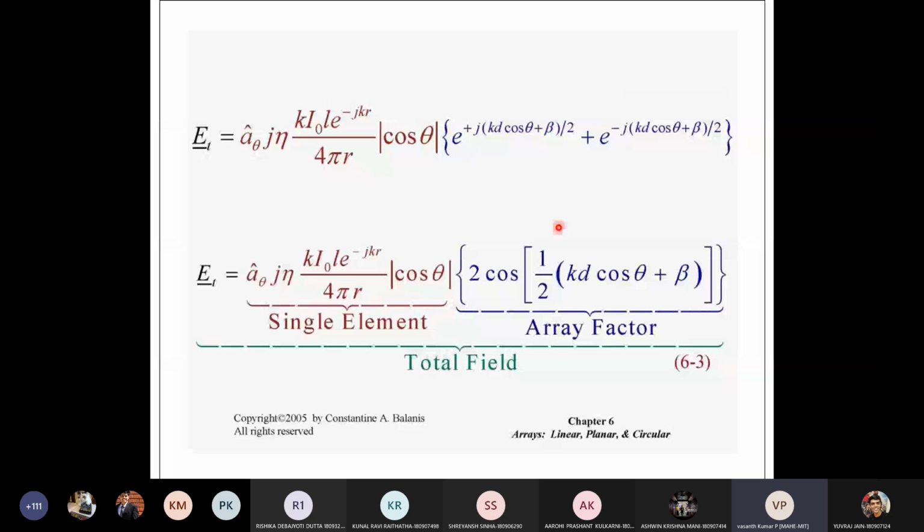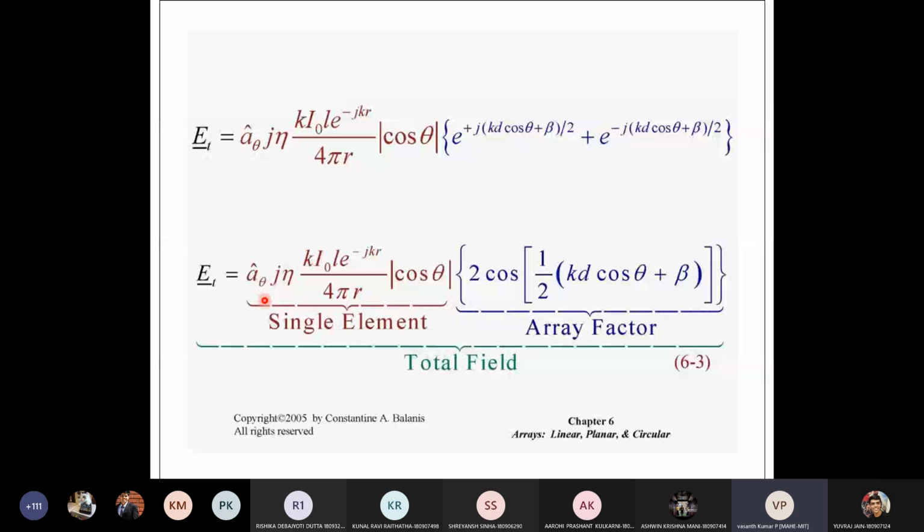What is the pattern of an isotropic source? It is e to the power of minus jkr by r. It has no sine theta or cos phi variations. So this is the array factor, the array factor due to the array of isotropic sources.